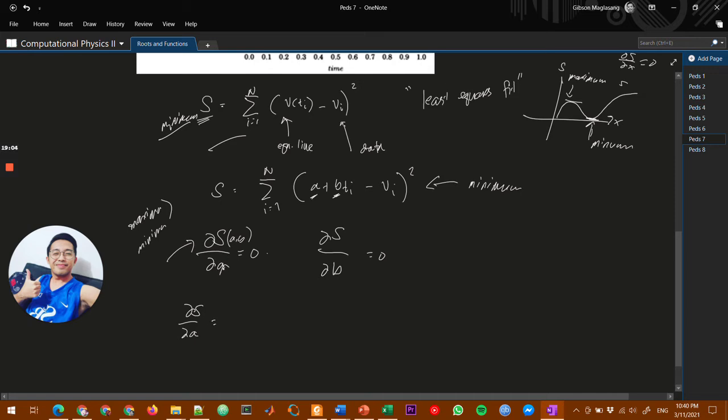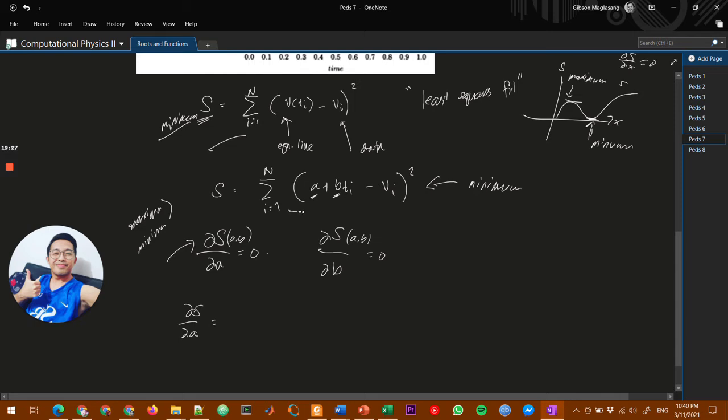So if you have this partial derivative of s with respect to a, ang imong giderive is ang a lang, ang b is constant there. And if you take the partial derivative of s with respect to b, ang a na pod ang constant, b is changing. So let's do first the partial of s with respect to a.